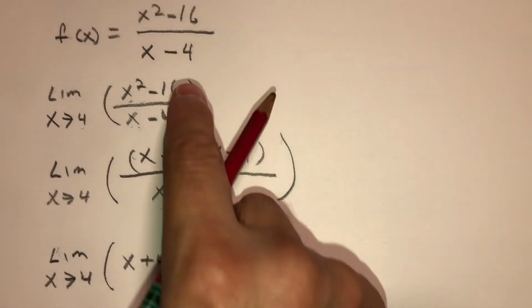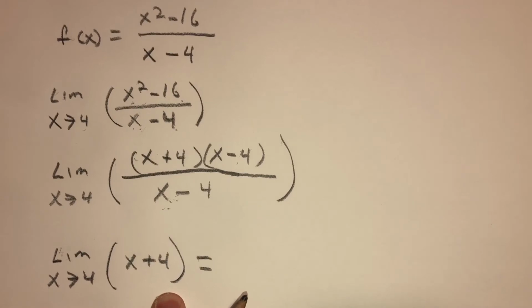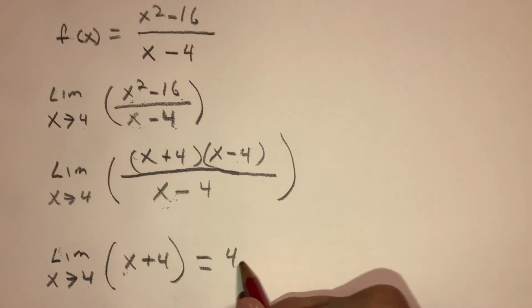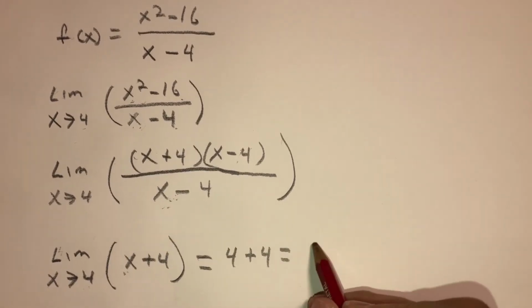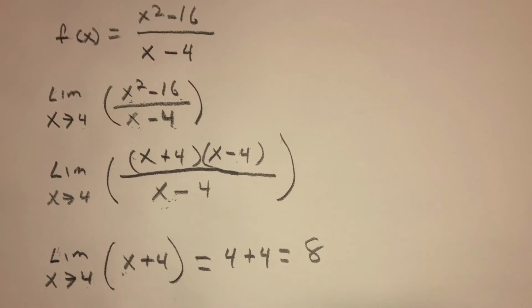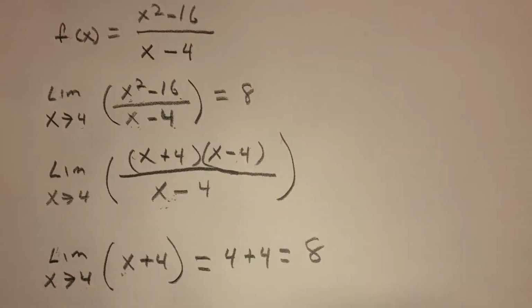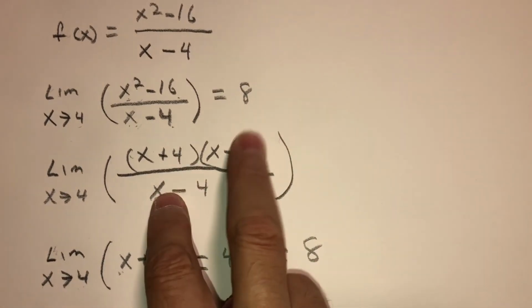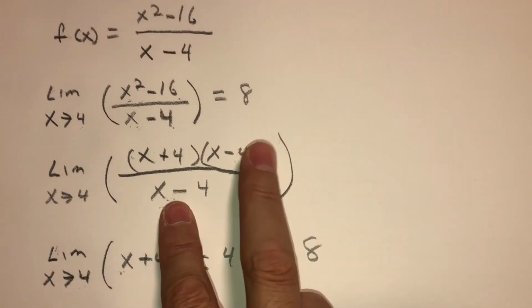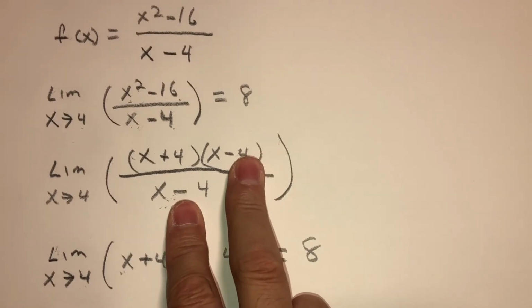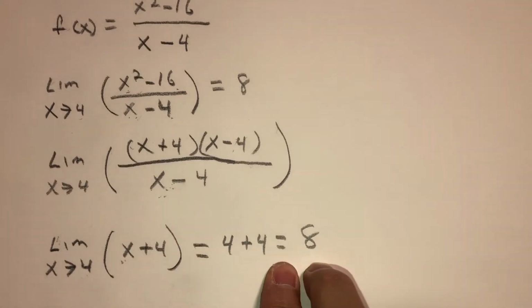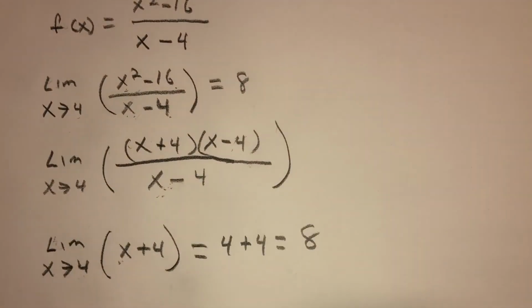So this limit is going to be equivalent to this limit. And we now can plug in the 4 and we don't have any real big problems. And that limit's 8. So this limit is 8. So if we can factor things and divide away the term that's causing the problem, we can get an equivalent limit. Calculate the equivalent limit, and that's what that one will be.